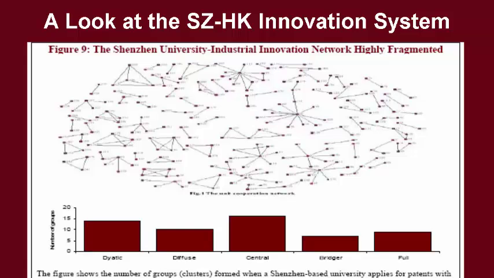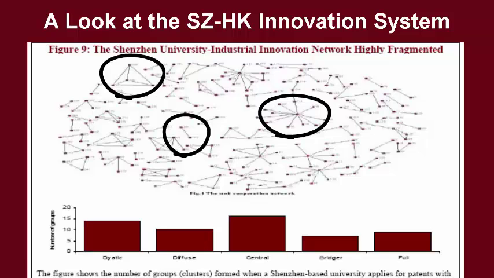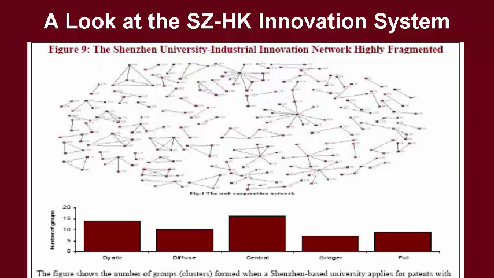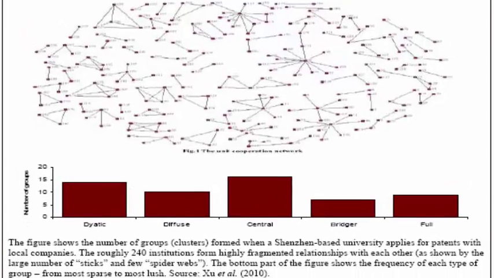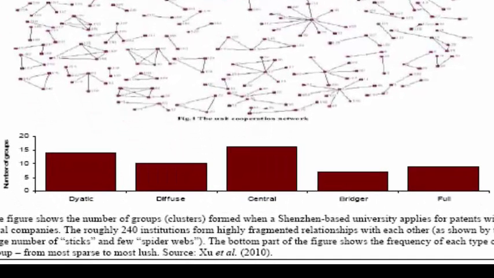The infographic we look at now shows groupings or clusters of companies and universities or research centers that work together on innovative projects. The lower part of this infographic shows the qualitative nature of each of these clusters.